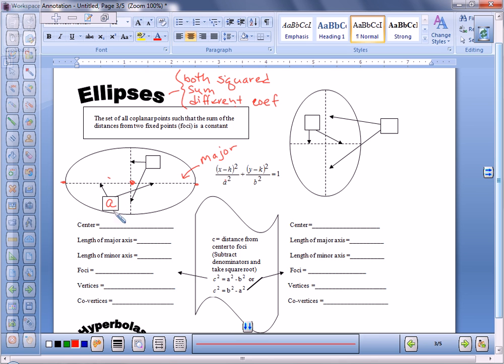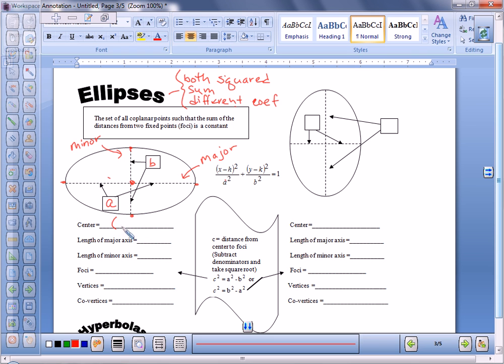So the vertical axis is considered our minor axis when it's elongated horizontally. And the distance from the center to the endpoints of the minor axis is b, the square root of what's under our y's. Our center is found the same way it was with the circle, so it's going to be (h, k).